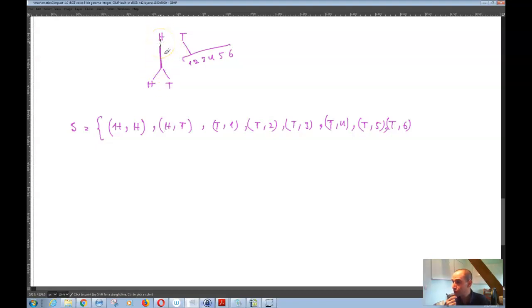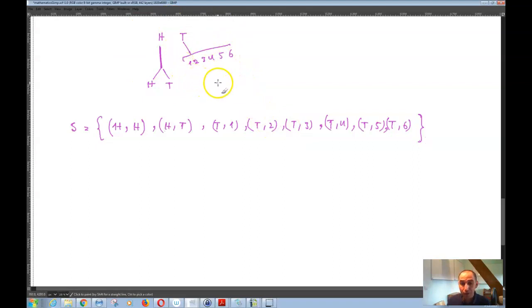So let me read this again. Tossing the coin and then throwing it a second time if the head occurs. So if you get a head again, you have to toss the coin and you get either head or tails. So how do we write that? Well, I think, believe it or not, that's actually the right sample space for this experiment.